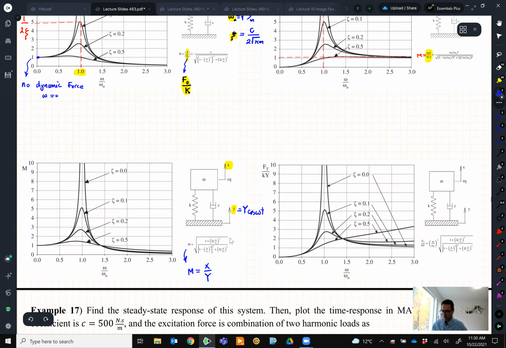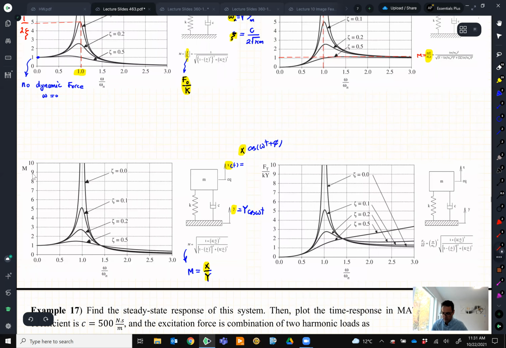And this X is, let's say, x of t. It's always a function of time, X cosine omega t plus phi. Now we have damping, so we have a phi. But all we care about is the magnitude, X. The ratio of X to Y, the graph looks like that.